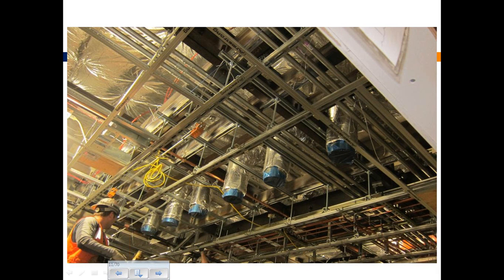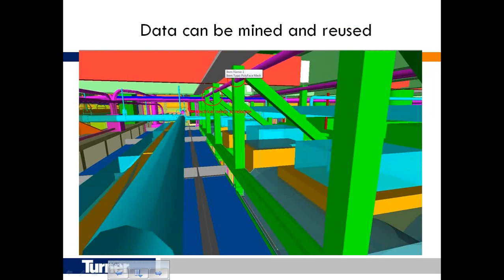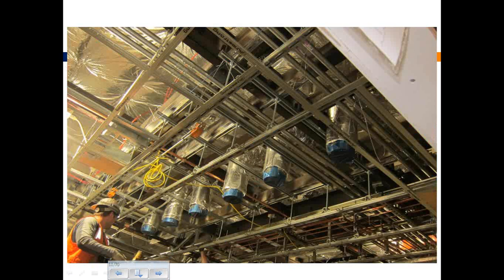This is an example of, as we saw previously, the uni-strut and the ductwork, and you can see the matrix of the pieces going in. Everything came in prefabricated, and these units ended up going up in one day.